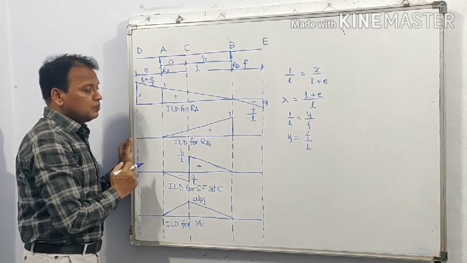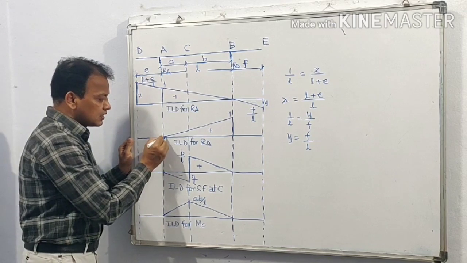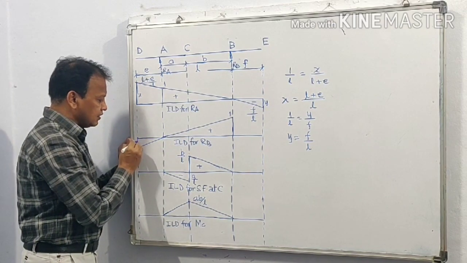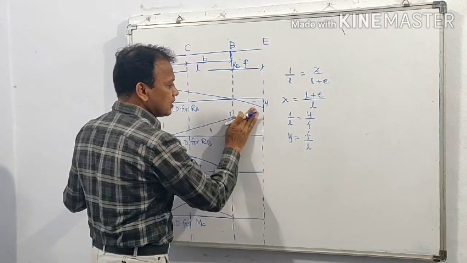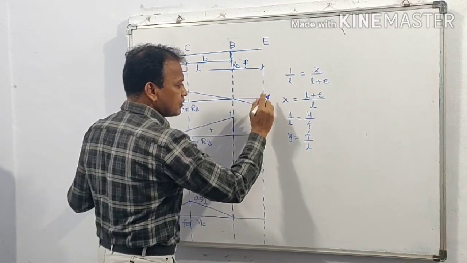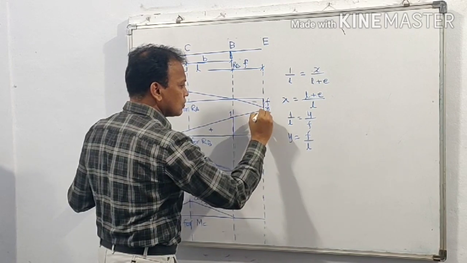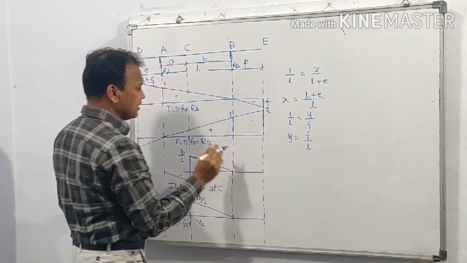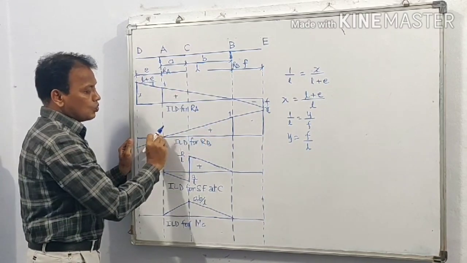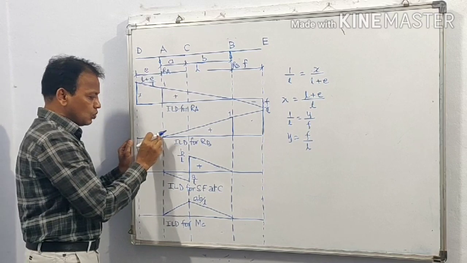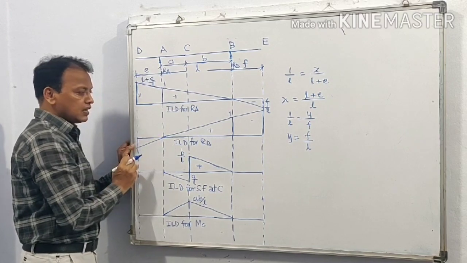Similarly for influence line diagram for RB, extend this line on left hand side and on right hand side. So we are getting these ordinates. Now consider this triangle, triangle number 1, and this is second triangle.